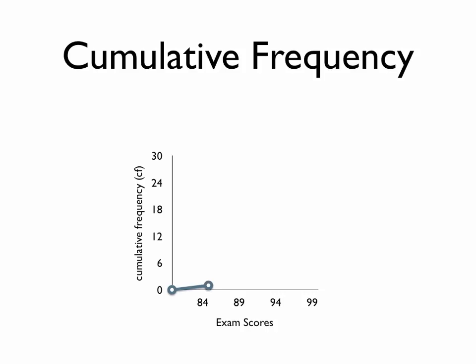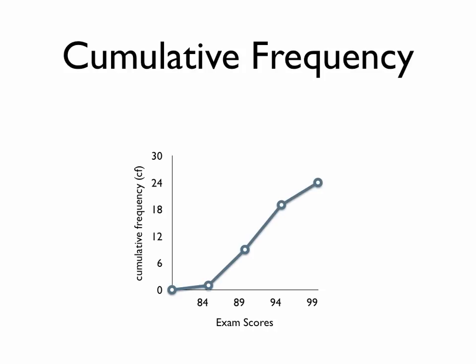Then we have 9 scores that fall from the 85 to 89 range and below. We have 19 scores that fall from 90 to 94 and below, and 24. All of them fall below a score of 99.